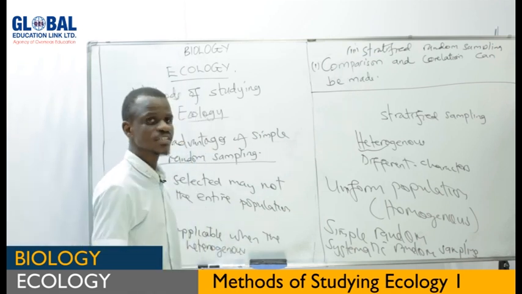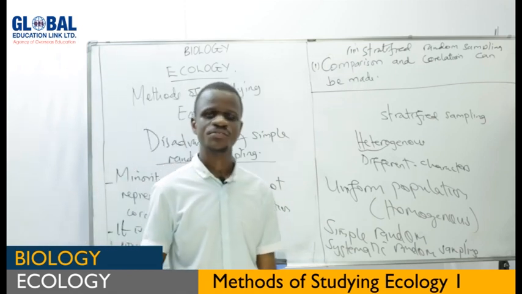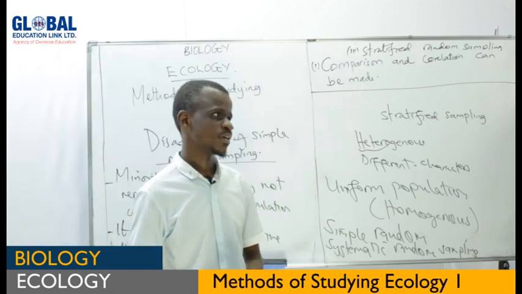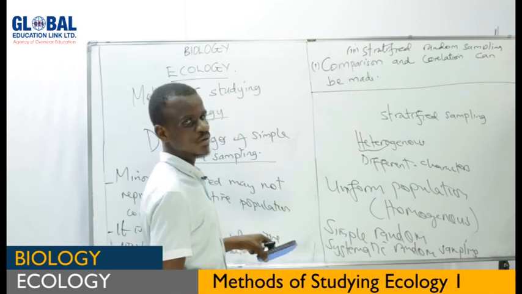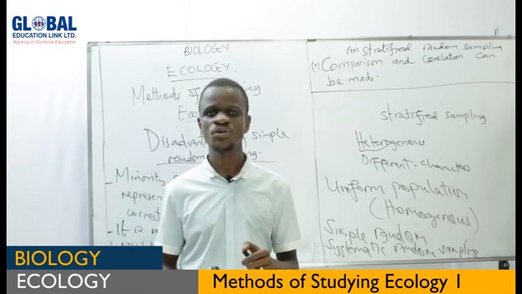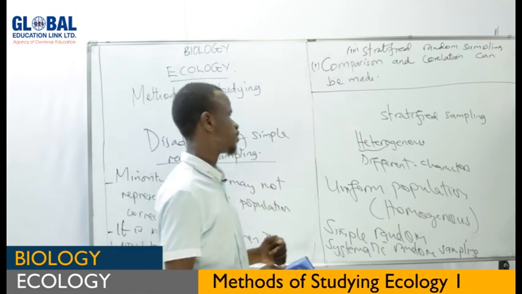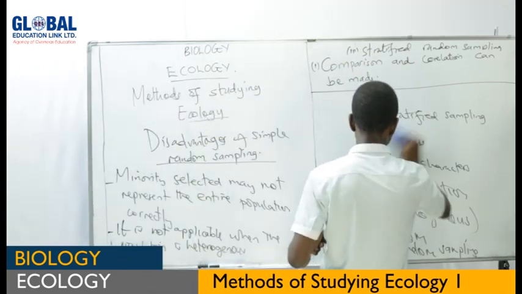Heterogeneous means a population having members of different characters. You cannot apply simple random sampling. Pass through different books for more disadvantages of simple random sampling.